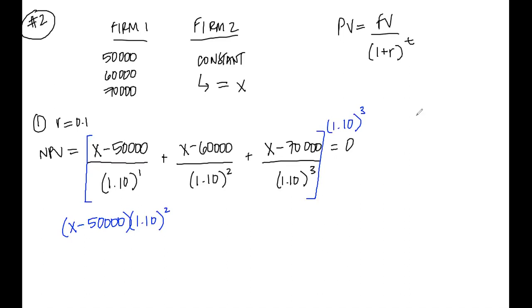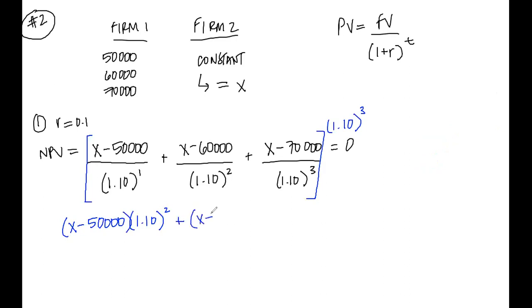So 1.01 cubed over 1.01 to the first power just becomes 3 minus 1, so 1.01 squared. But anyway, that simplifies into this term.